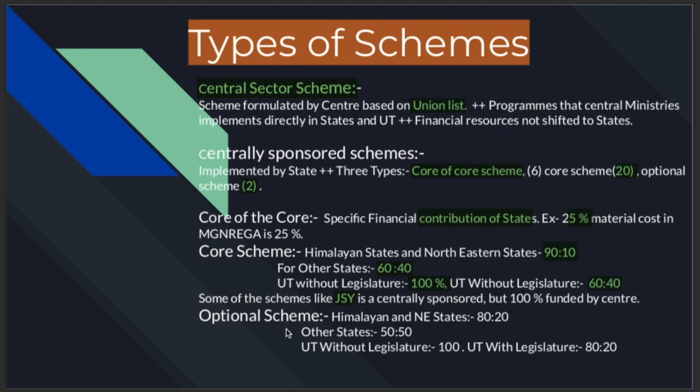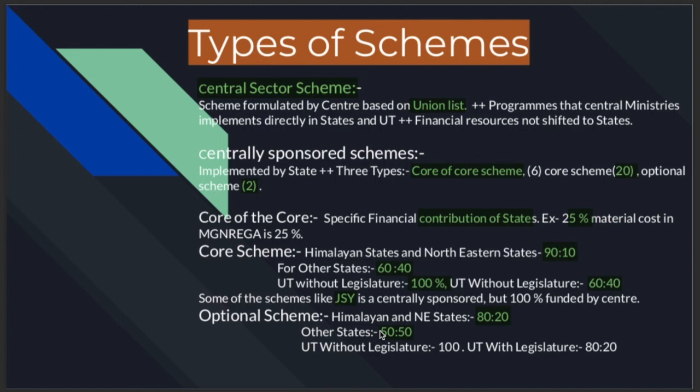And the last one is the optional scheme. In the optional scheme, if the state is a Himalayan state or from the northeastern region, then the funding pattern is 80% contributed by the center and 20% by the state. For the other states, except the Himalayan and northeastern states, the funding pattern is 50:50.